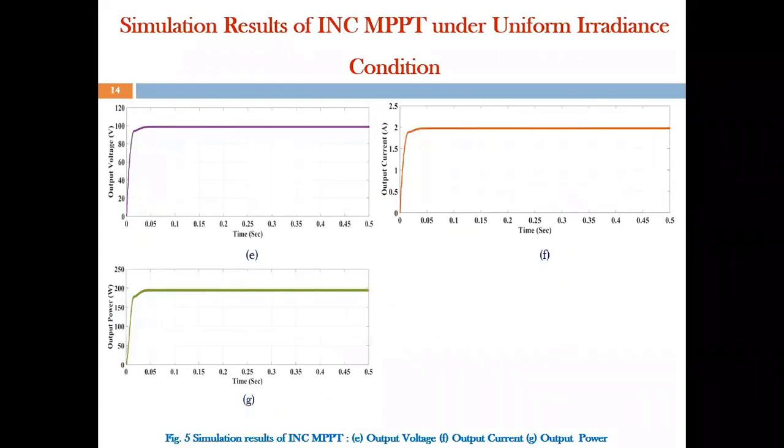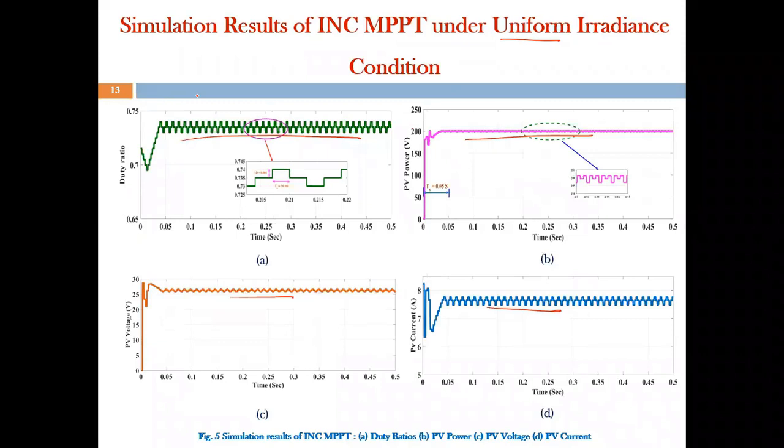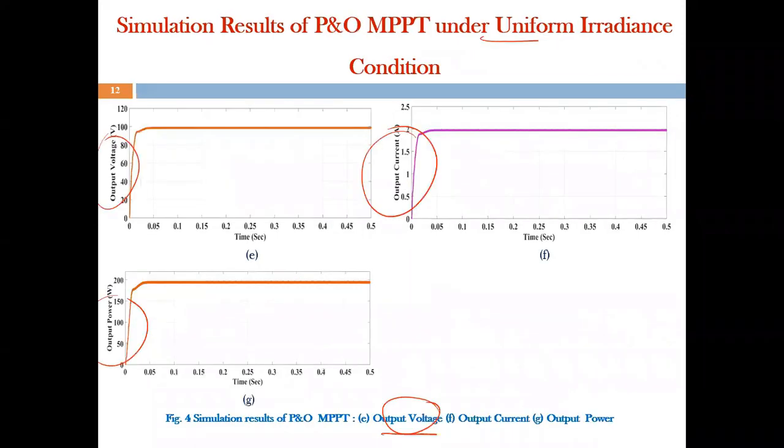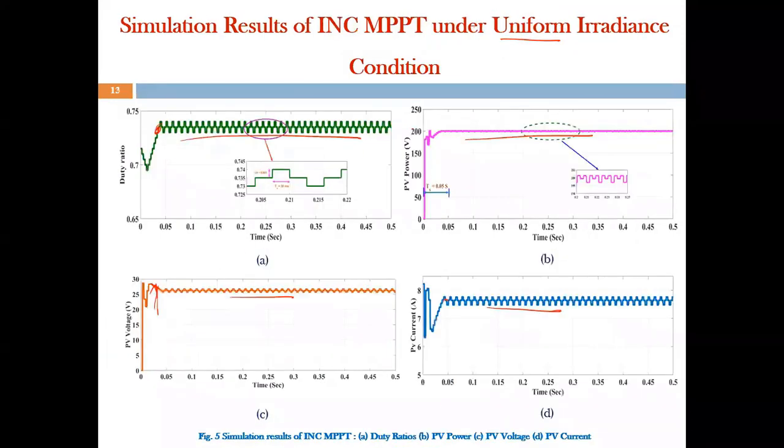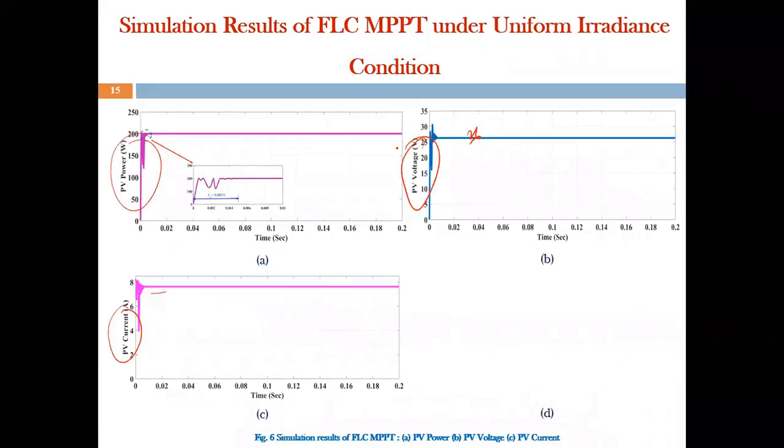When I considered incremental conductance, the settling was done at 0.04, and even with P and O, the settling was at 0.04 seconds. When I consider the fuzzy logic controller, where does settling happen, you understand? At 0.001. So fuzzy logic controllers are more adaptive and give the best results.